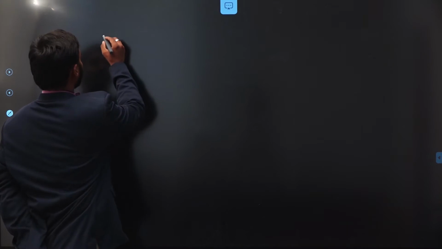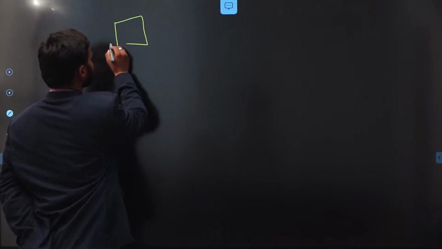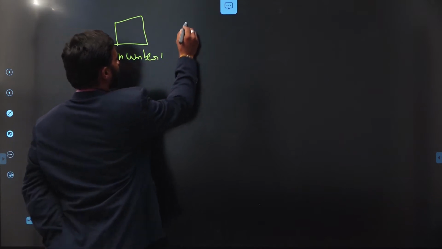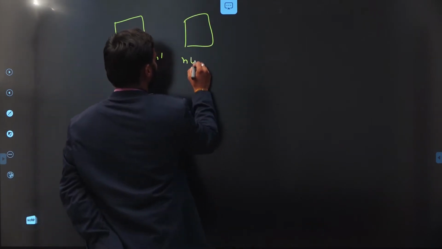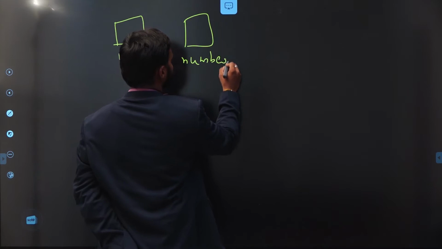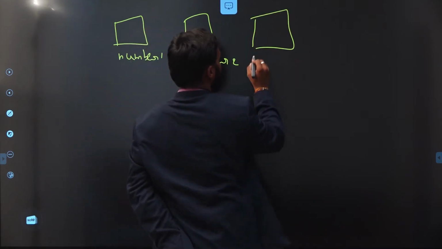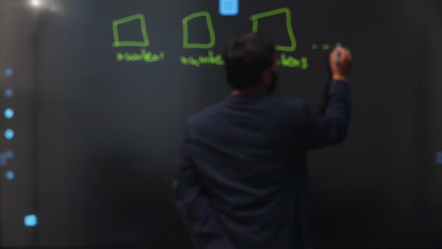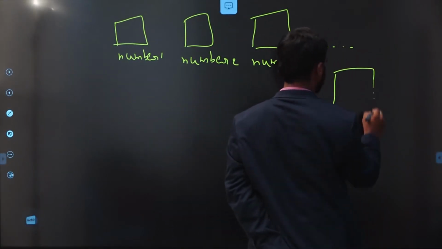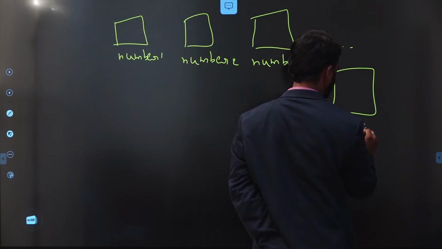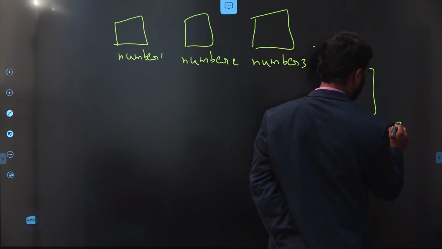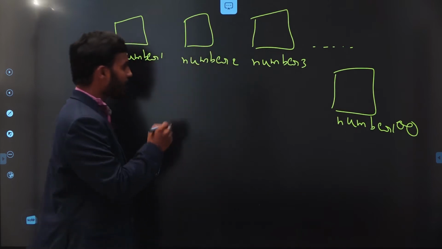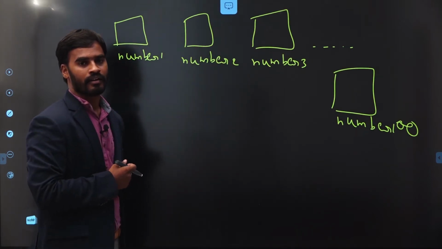What we are doing is declaring 100 numbers: number 1, number 2, number 3, and so on, up to number 100. This is what happens if you declare 100 variables.